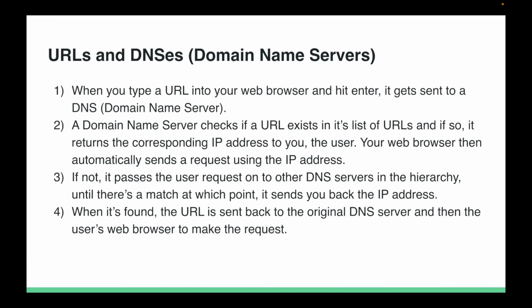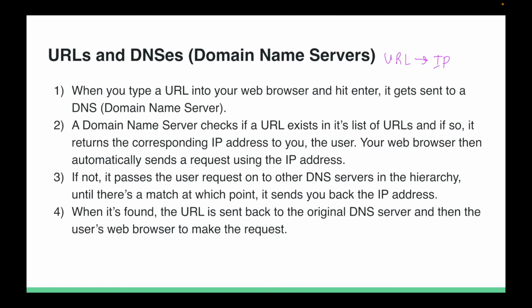Now, when we type URLs into our browser, it's not as simple as just typing in a URL and then directly getting our web page. Remember, we access web servers and by extension web pages through the use of IP addresses. So in order to go from a URL to an IP address, we need to use something called a domain name server.